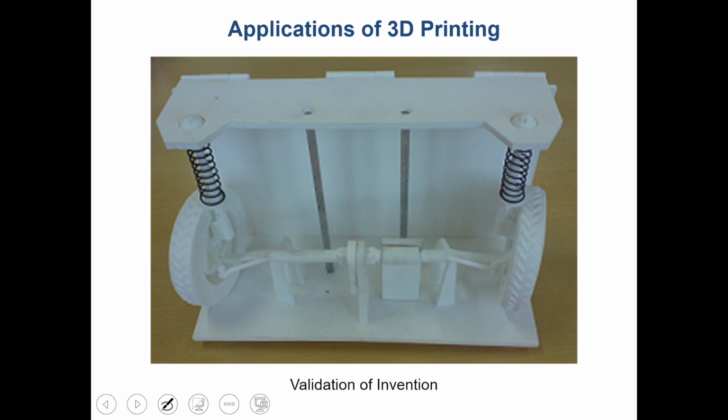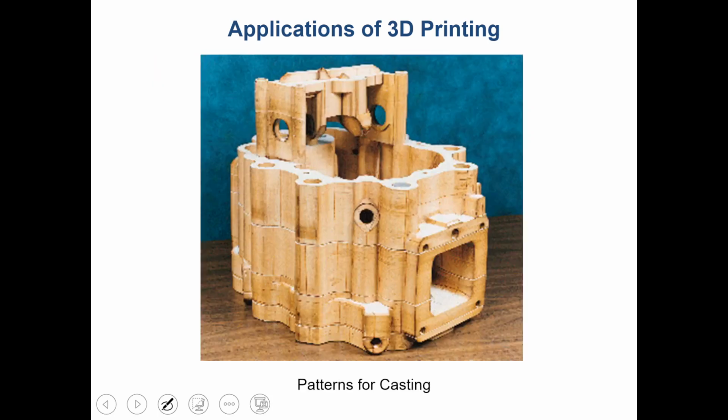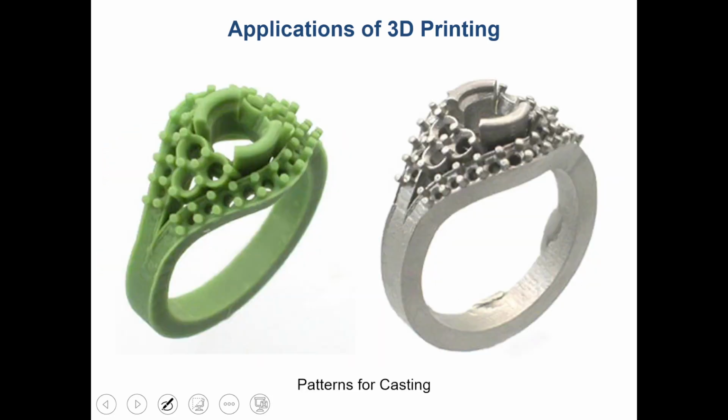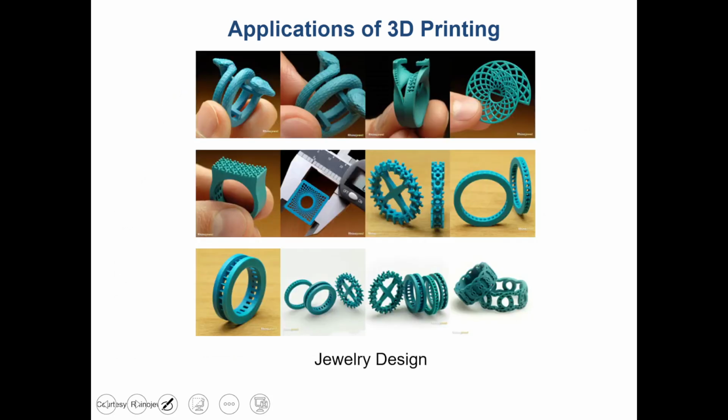Validation of the invention, sport types, patterns for castings, molds for castings, and rings and ornaments are manufactured through 3D printing.